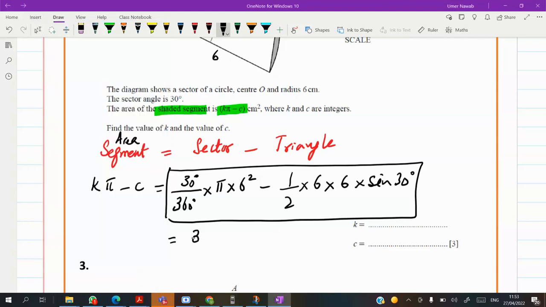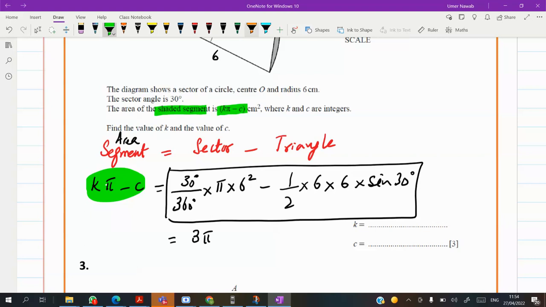The reason for not writing the complete expression into the calculator is that the expression gives me the answer in decimals, and I want my answer in this form. So whatever the coefficient of pi is, that will be considered k.